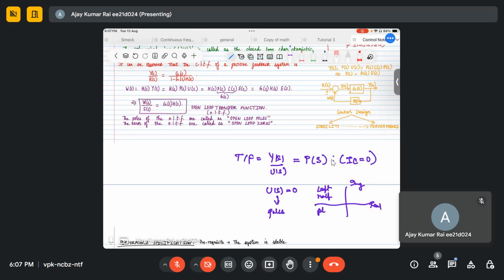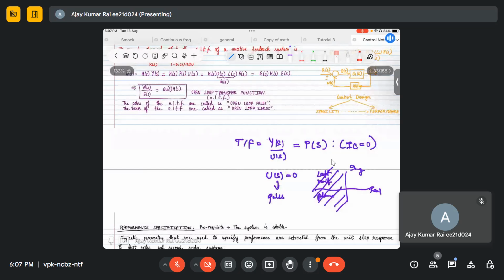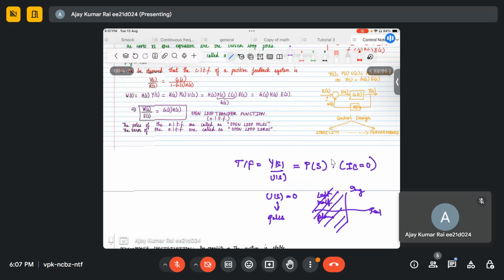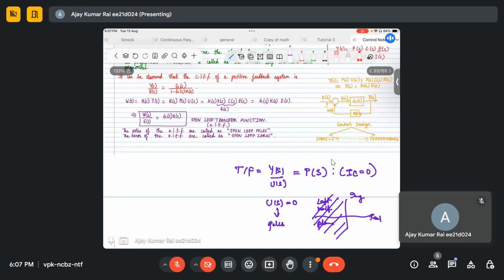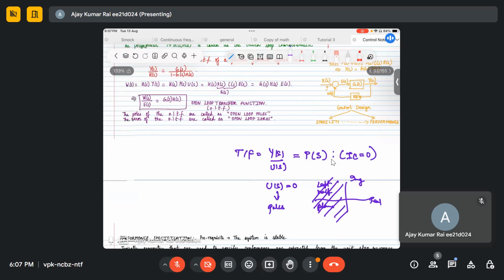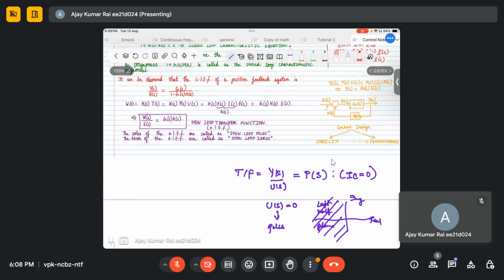If your poles are lying in this plane, we say our system is stable. If any pole lies on the right hand side, then we say our system is not stable. If it is lying on the imaginary axis, we say it's marginally stable, provided the poles on the imaginary axis are not repeated poles. Otherwise, we say our system is unstable. That we have seen in week two.